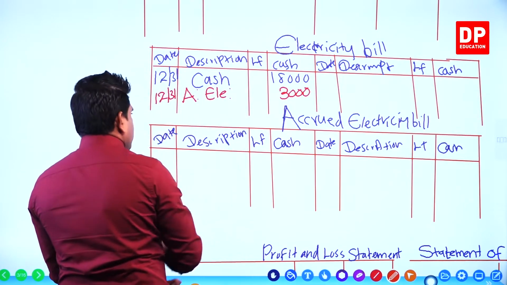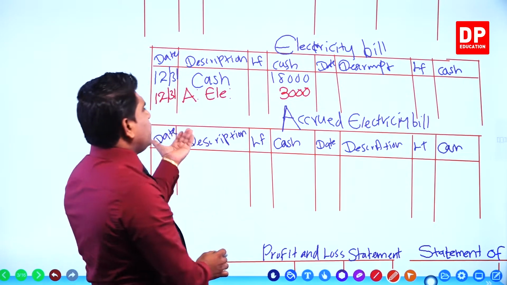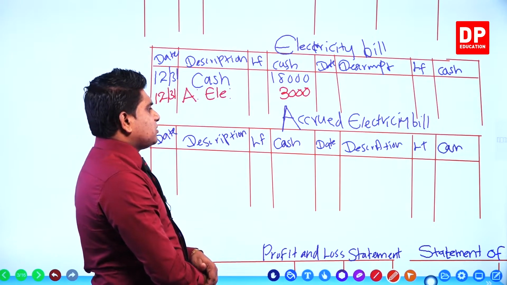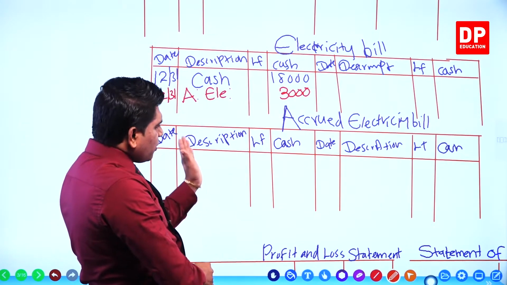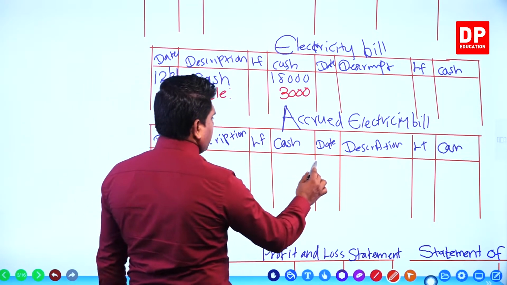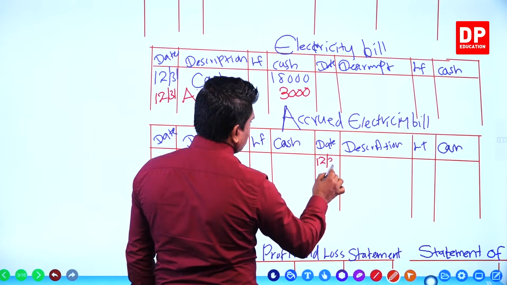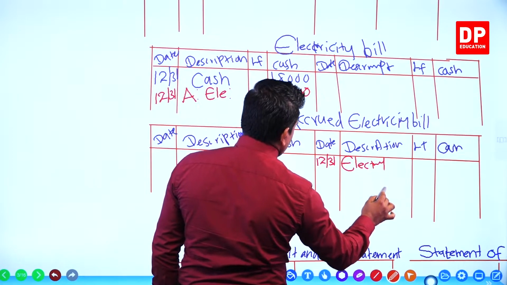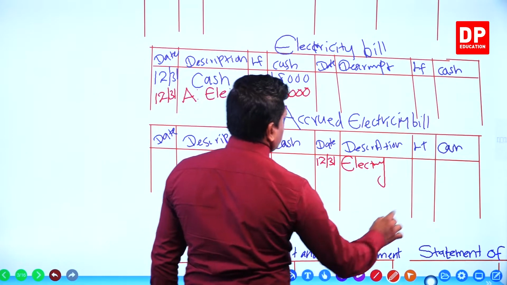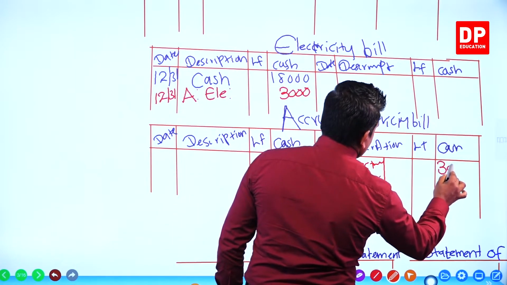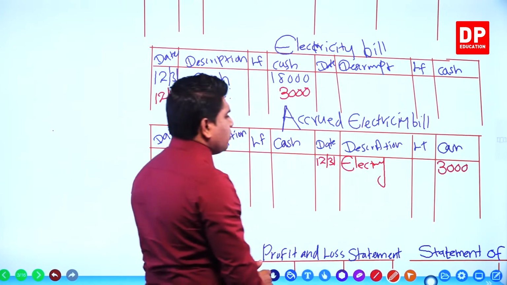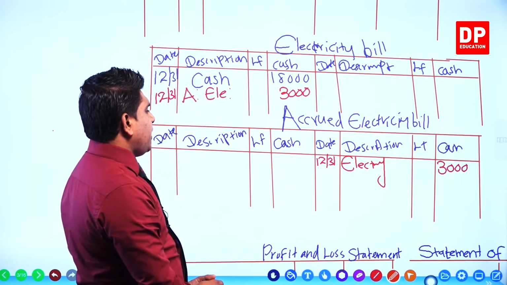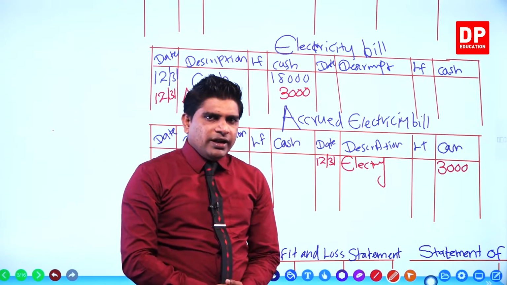I use short words here, right? Accrued electricity 3,000. Then accrued electricity account credit side 12/31st as electricity. How much? 3,000. Right? Now you know the double entry.